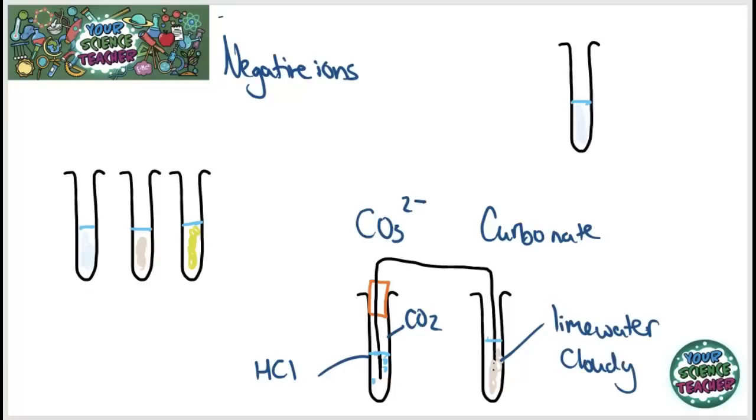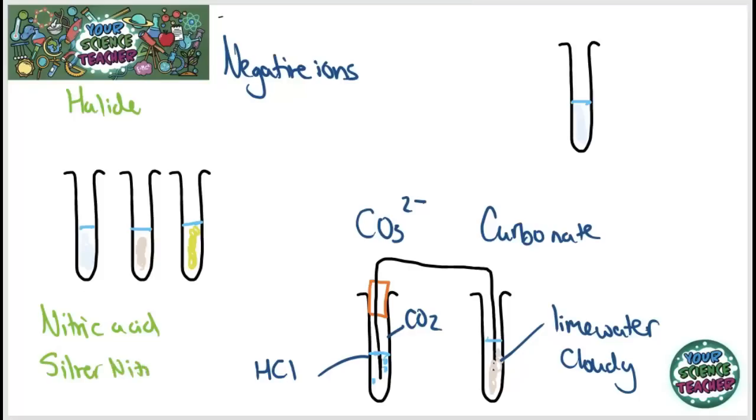The next one I'm going to look at is the test for the halides, and there is 3 results for this test that you just have to remember, unfortunately. And the way to test for a halide is we add some nitric acid and we also add some silver nitrate.